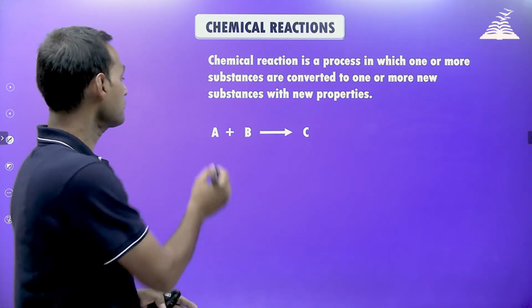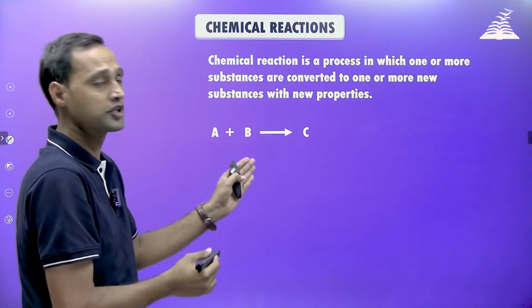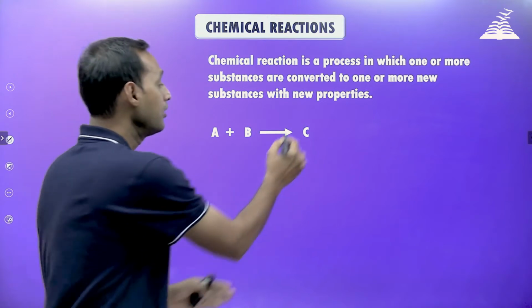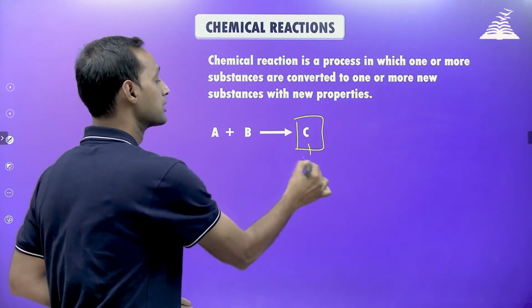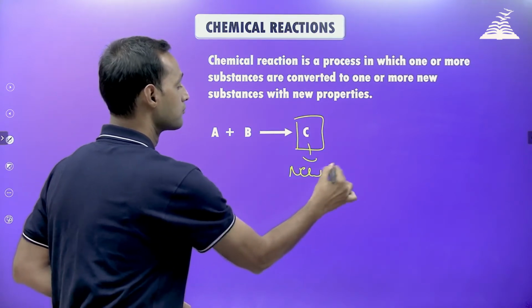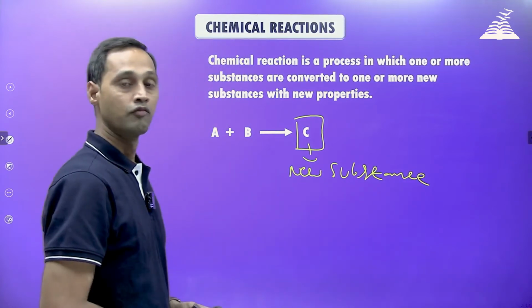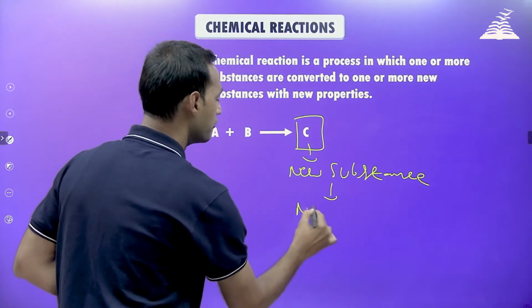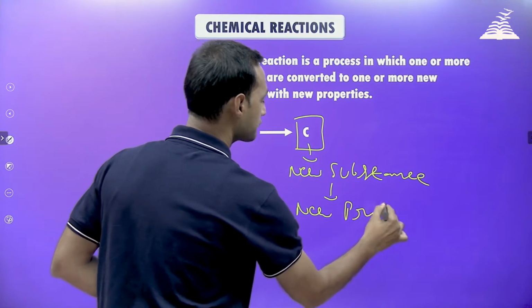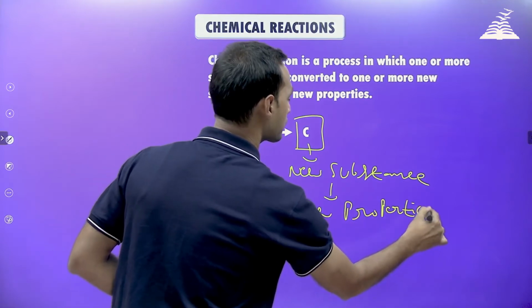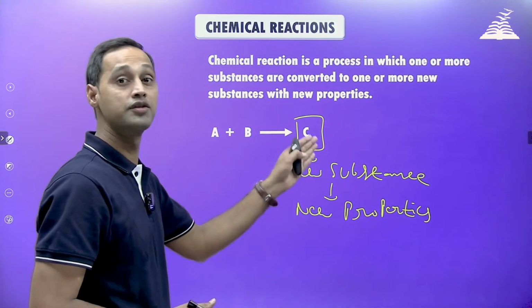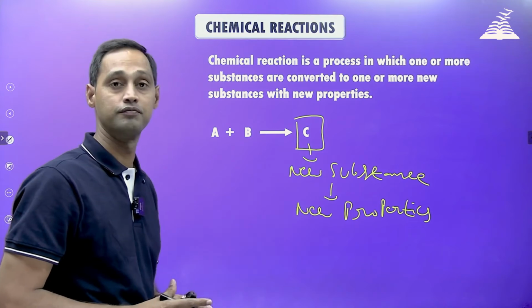See here, substance A reacting with substance B and giving a new substance. It is a new substance with new properties. It is because of the change in composition of the substance.